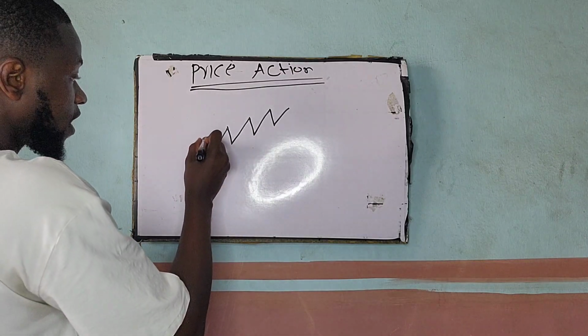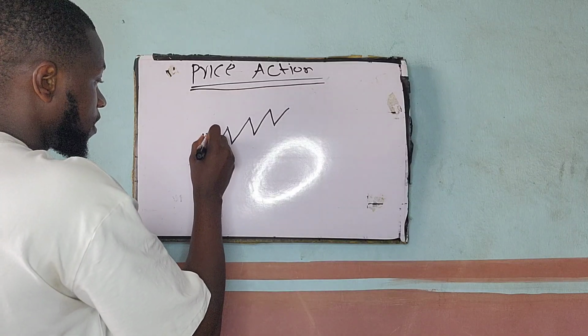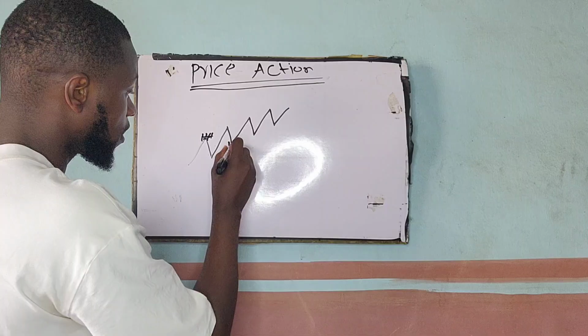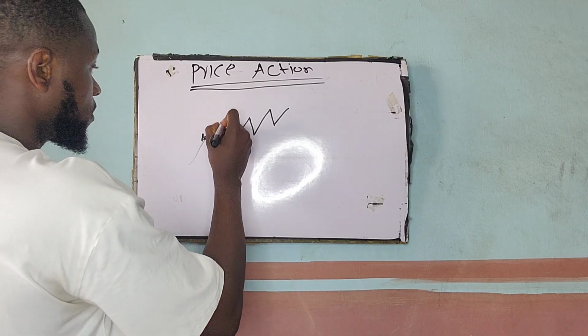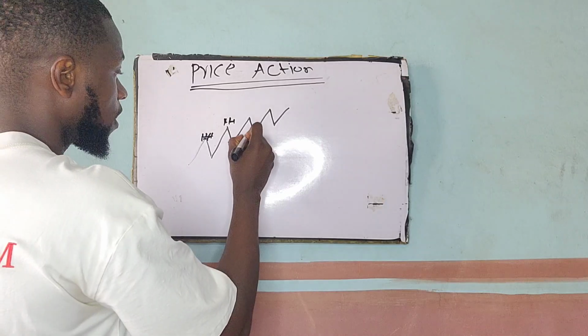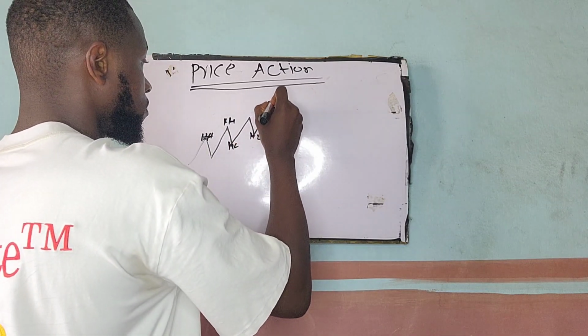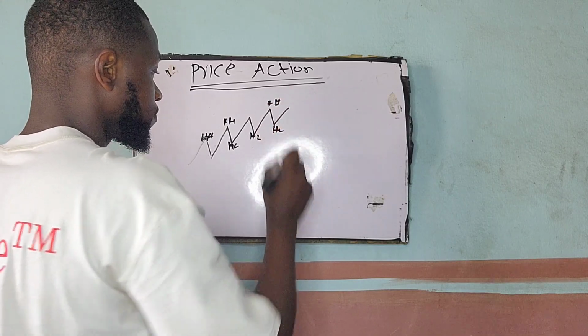this high here, this is what we call higher high. Then higher low. Higher high. Higher low. Higher high, higher low.